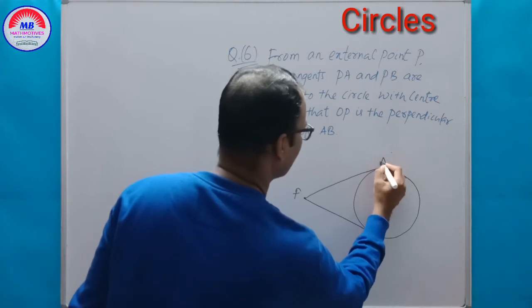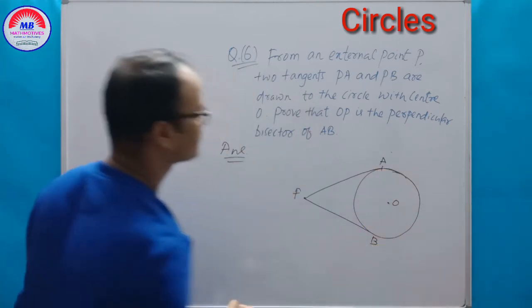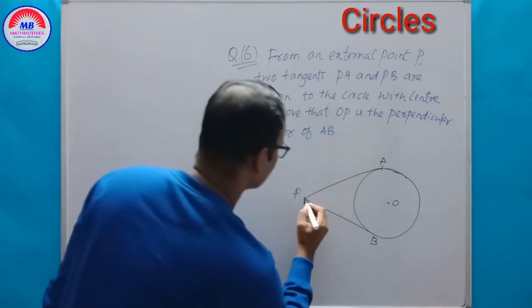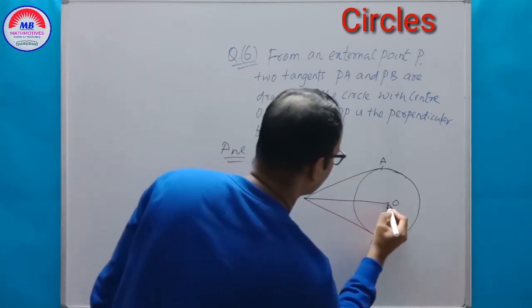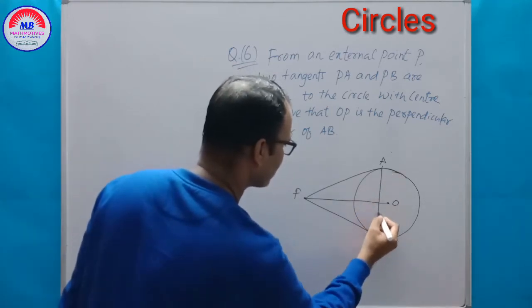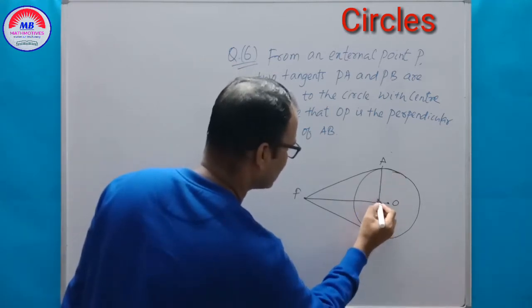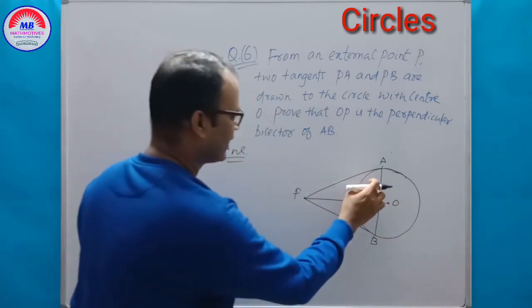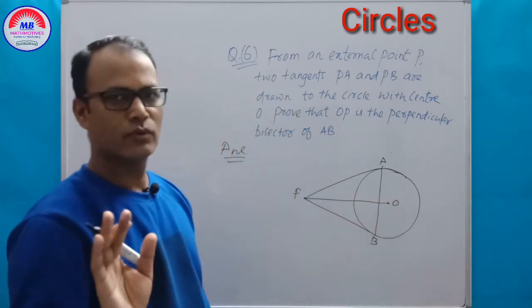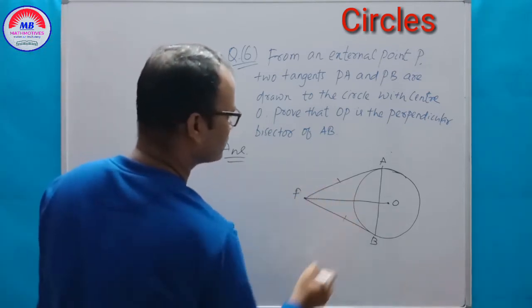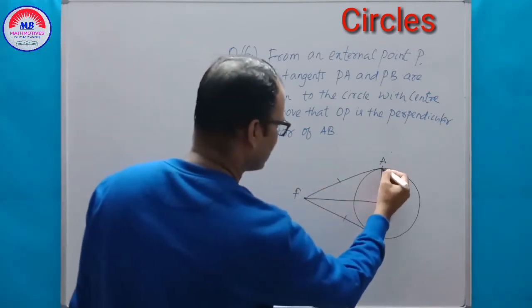This is A and this is B. We have to prove that this angle is 90 degrees and this part is equal to this part. Now you see, these two tangents are equal, you know.